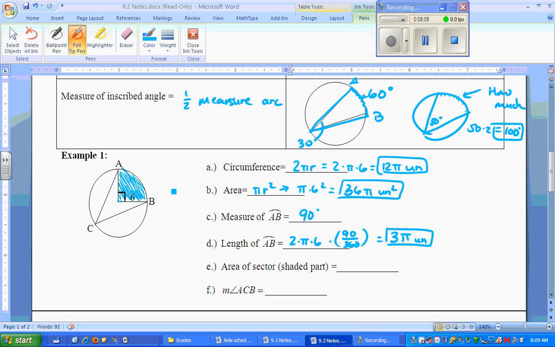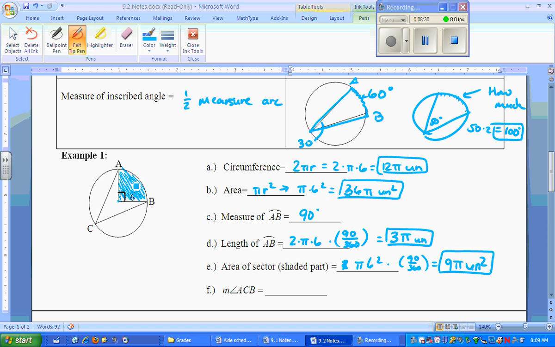Sector, the shaded part. So what do we have? We have pi r squared, pi times 6 squared, times the 90 over 360. So we end with 36 times 1/4, 9 pi units squared.